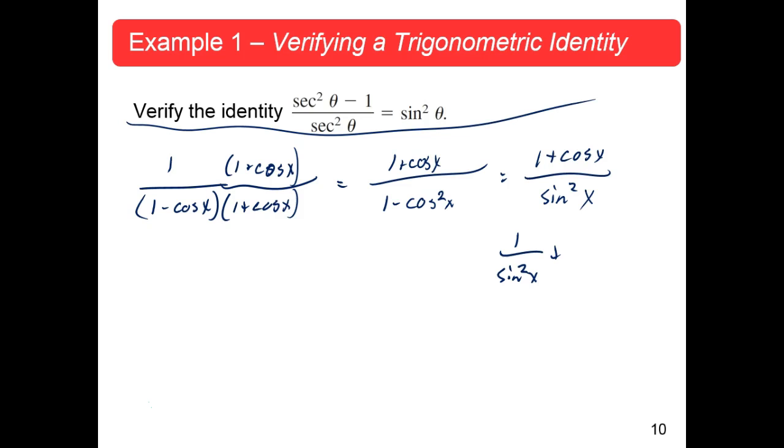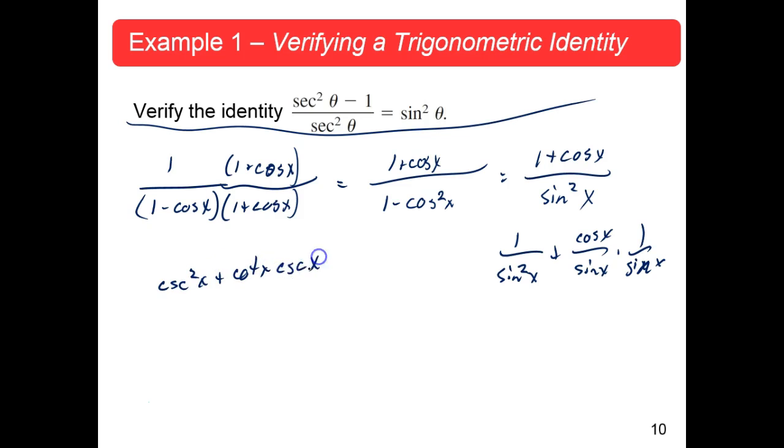Let's carry that on out. This would then be cosine x over sine x times 1 over sine x. And that would be cosecant squared x plus cotangent x cosecant x.